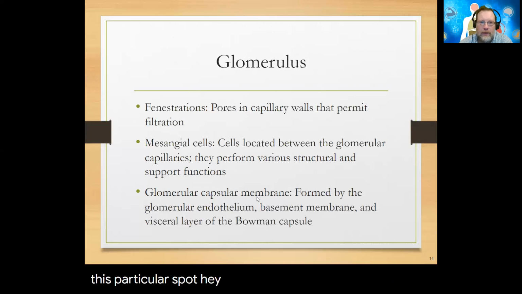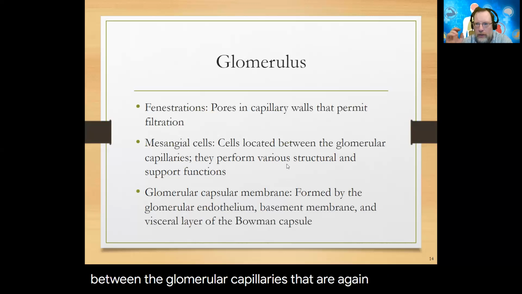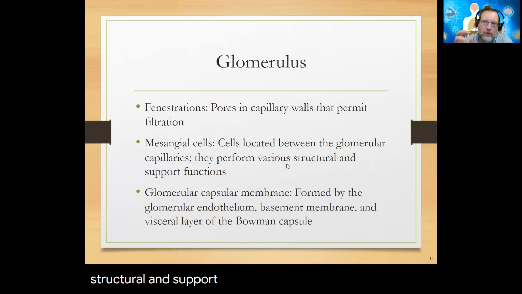Okay, we have mesangial cells located between the glomerular capillaries that are, again, primarily structural and support features to keep that glomerulus tucked in and anchored inside of that Bowman's capsule.